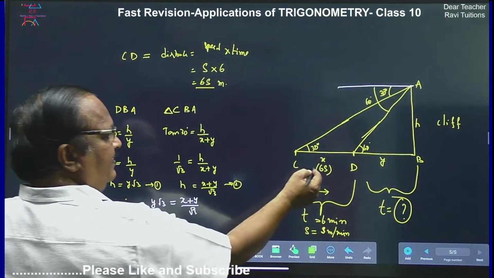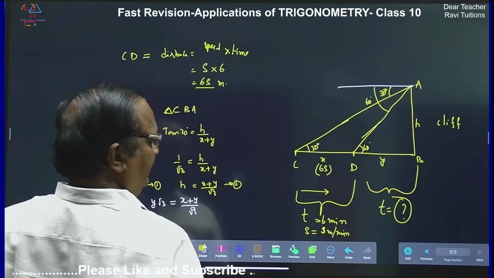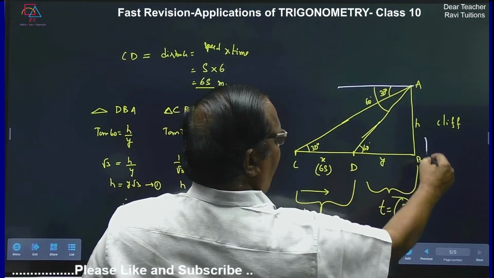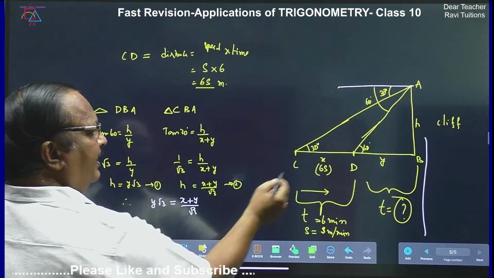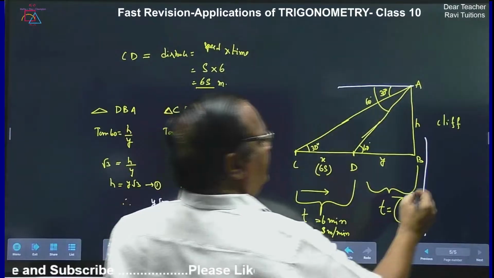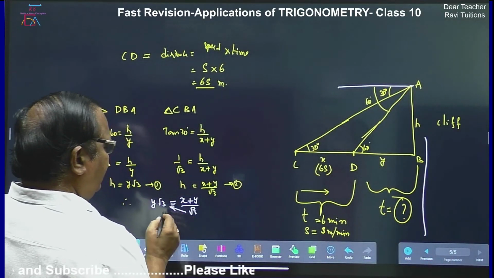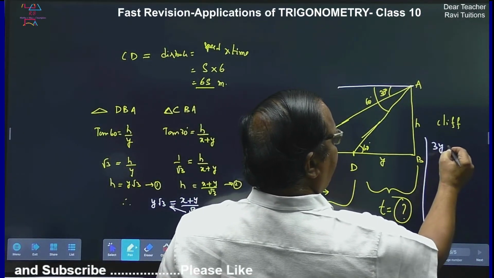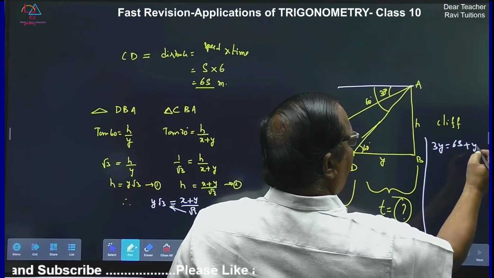Now x is already 6s, so in the place of x, I shall write 6s. Meanwhile, I can cross multiply it. y root 3 into root 3 is 3y. So 3y is equal to 6s plus y.